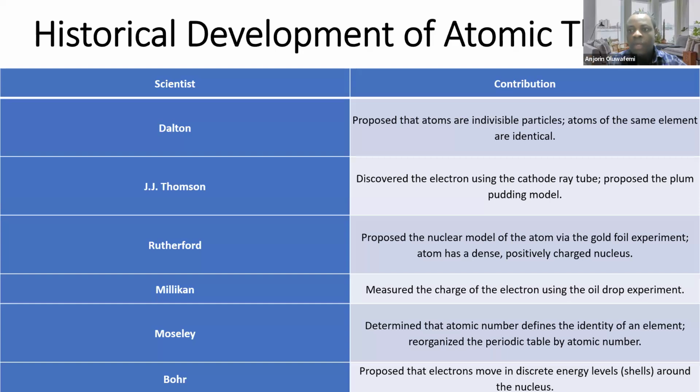And so we looked at their contributions. And if you recall vividly, I told you that you should also go and read more about the experiments that they conducted and their findings.